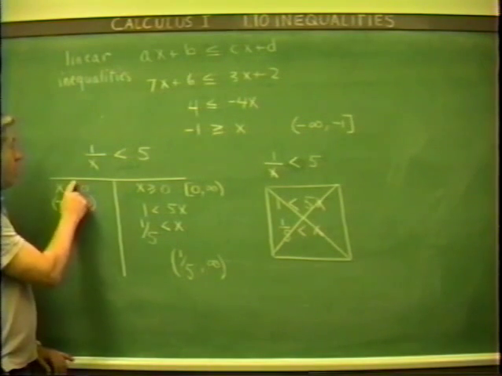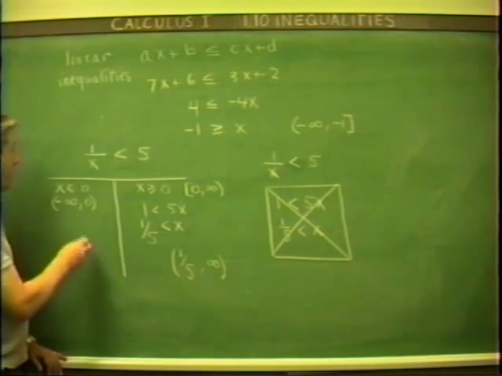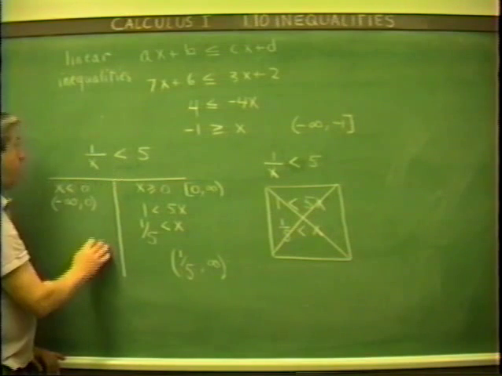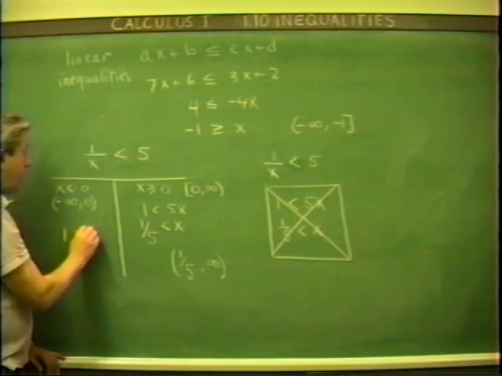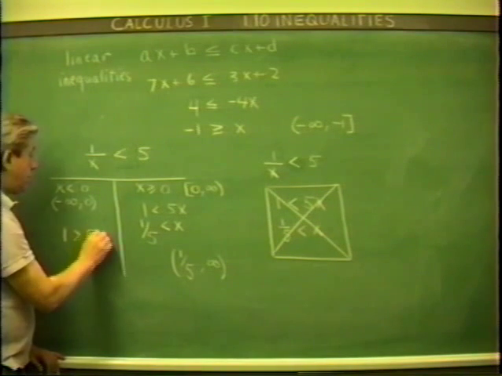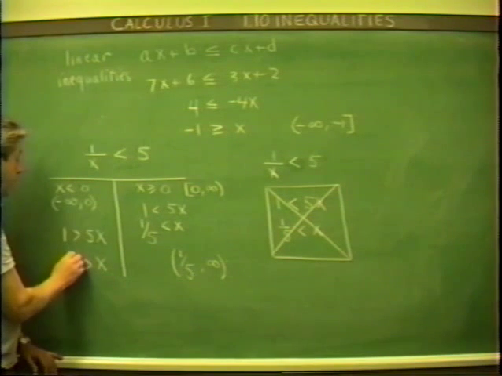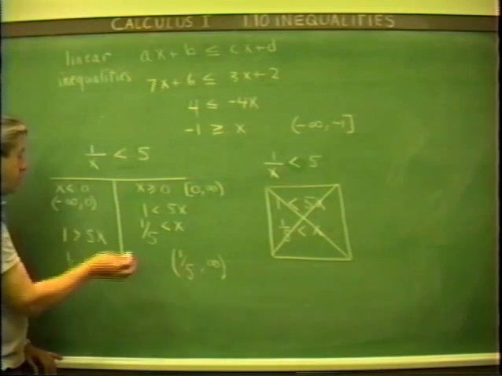Now we need to consider the remaining numbers, the ones from minus infinity to 0. Right? Well, if the number is between minus infinity and 0, x is less than 0, and so if we multiply by x, we've got to reverse the direction of the inequality. That's to say, multiplying in this case by these numbers x, we have 1 is larger than 5x, or x is less than a fifth.